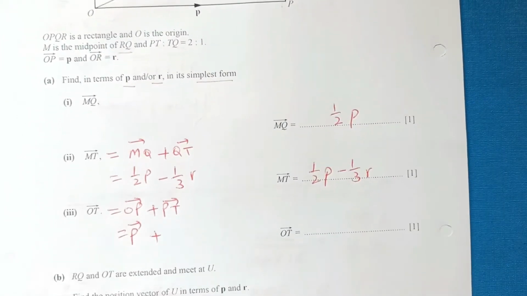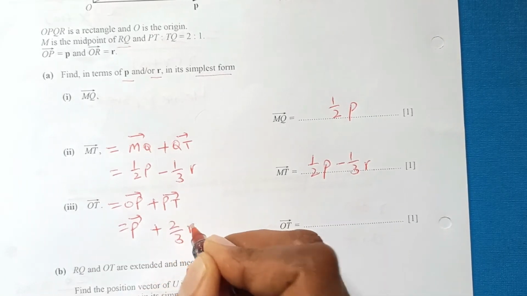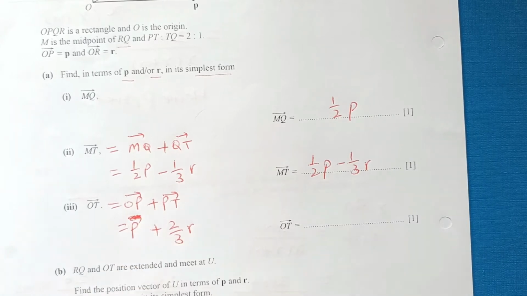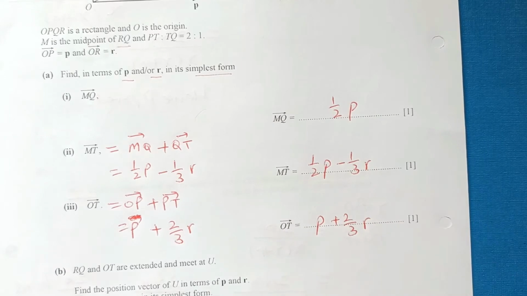So we substitute plus 2/3 r. We are not going to put the arrow here. So this is p plus 2/3 r. This is the final answer.